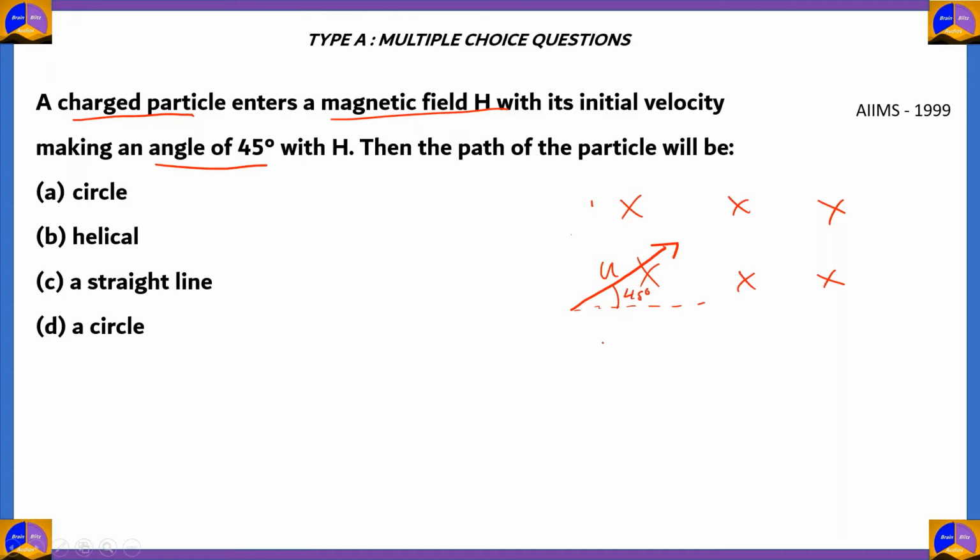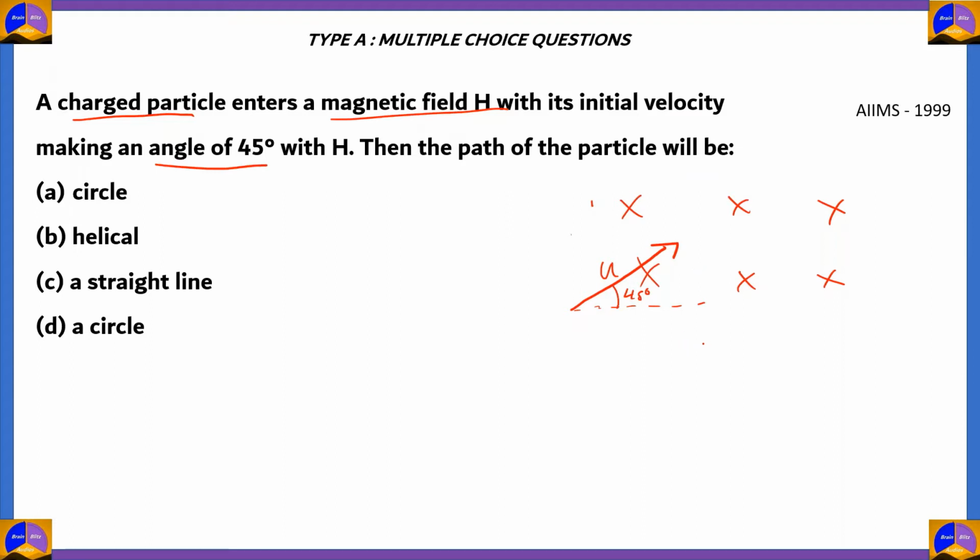So the condition for motion inside a magnetic field for a charged particle is that when theta is equal to 0 degrees, then the charged particle goes undisturbed. When the charged particle is entering perpendicularly, then the charged particle orbits a circular path.